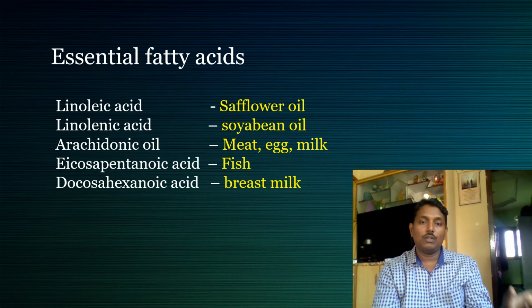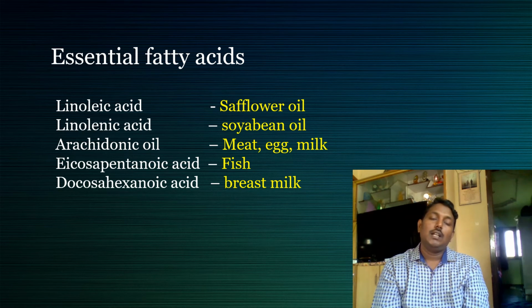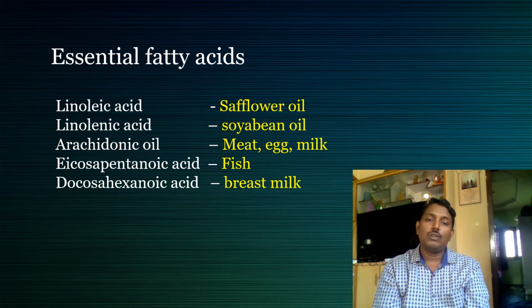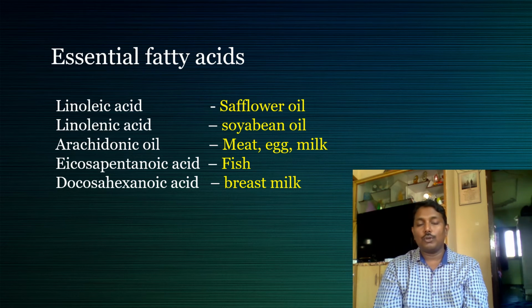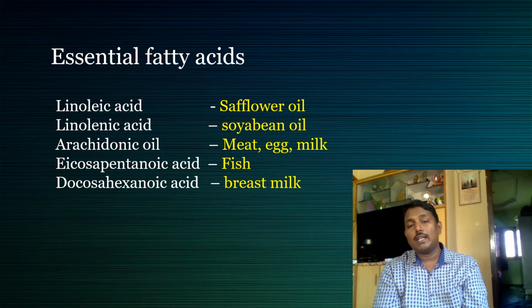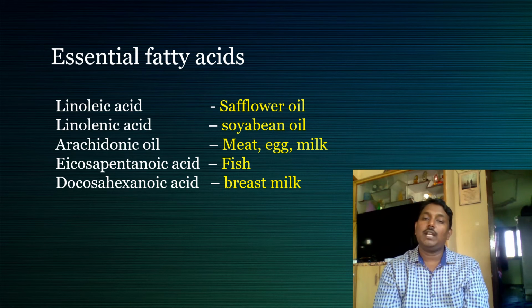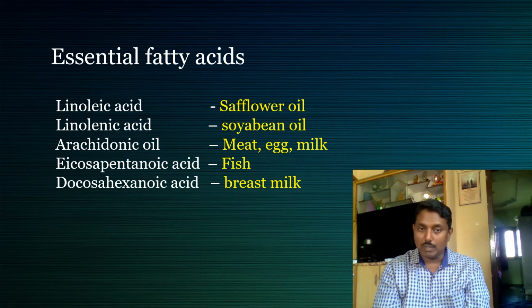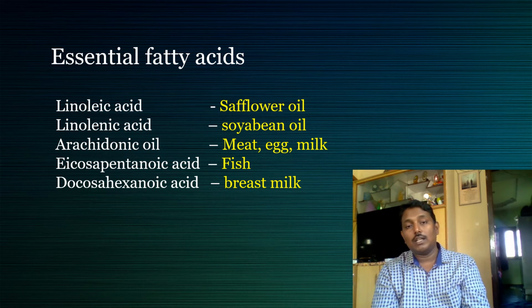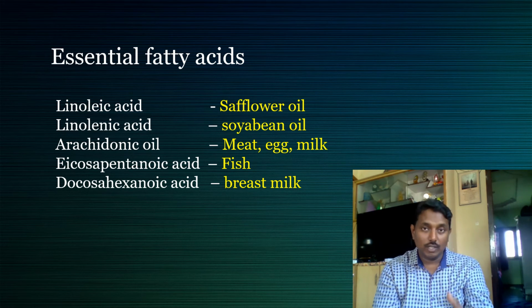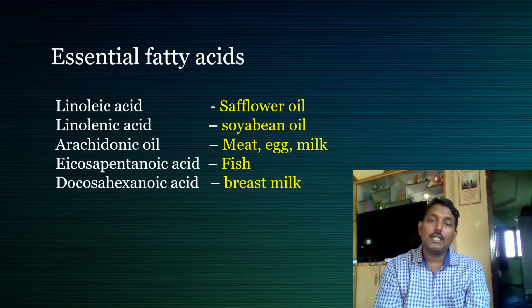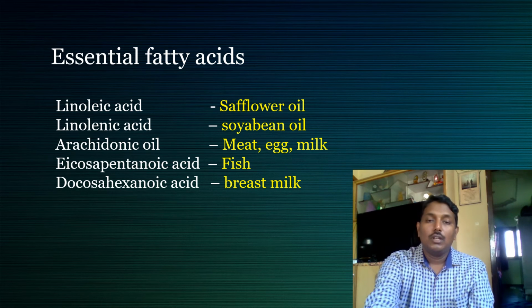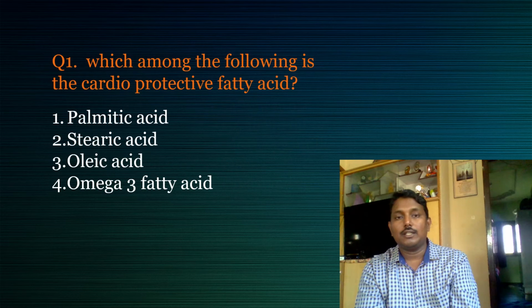Omega-3 double bond is present at the omega-3 end. Most of these fatty acids are not synthesized in our body; they should be procured from outside. Docosahexaenoic acid is an exclusive fatty acid present in breast milk. And arachidonic acid is one of the very important essential fatty acids required for the production of prostaglandins and thromboxanes. So this is about this.